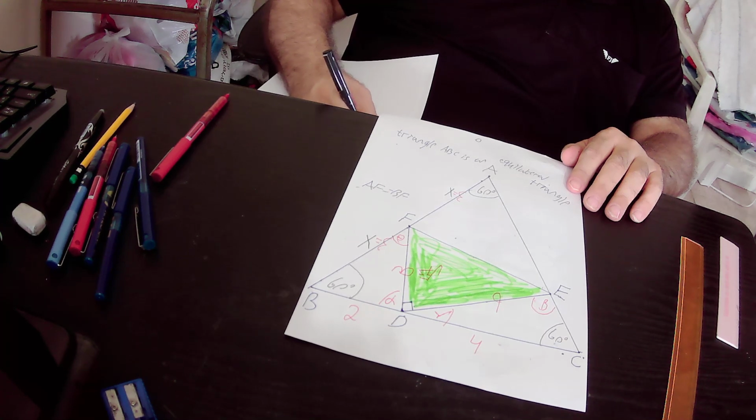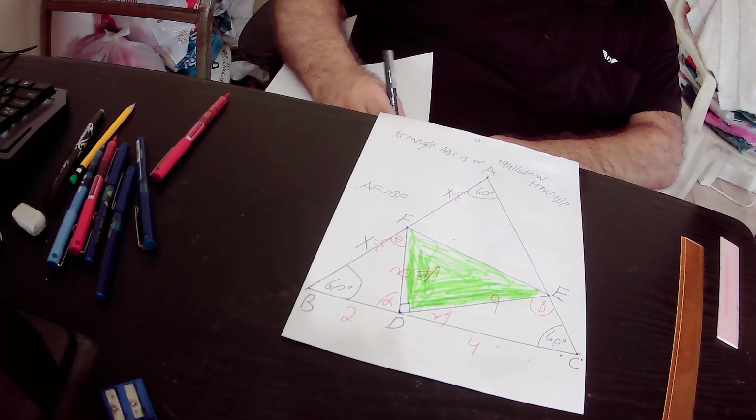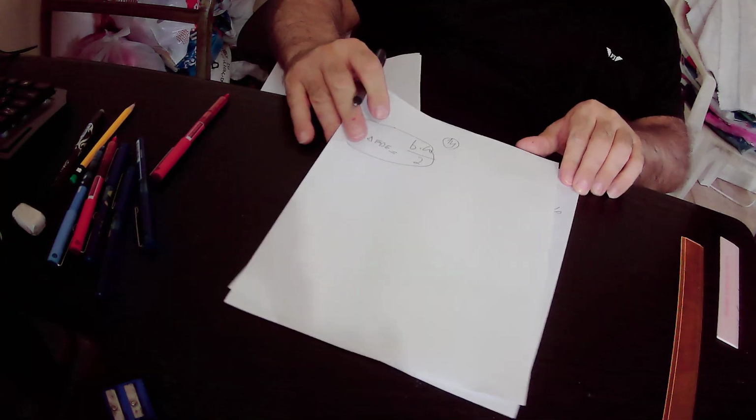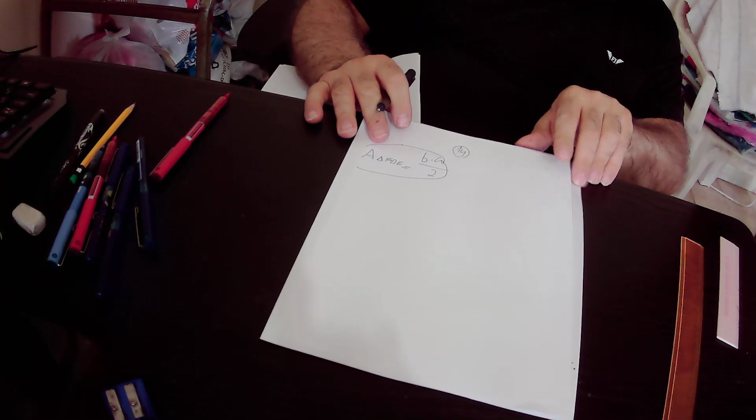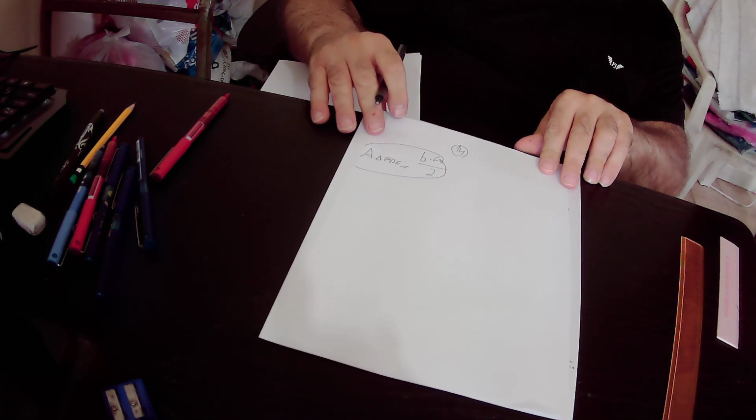Okay, the area of the green triangle FDE equals B times A over 2 or A times B over 2.